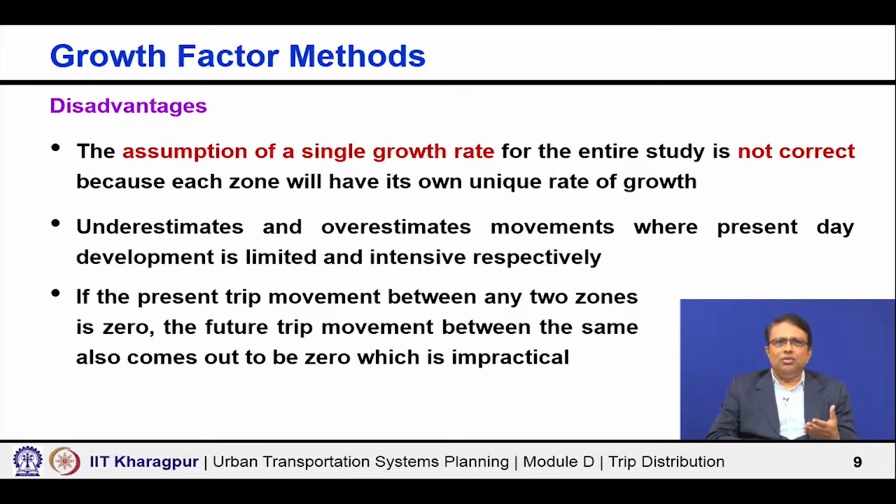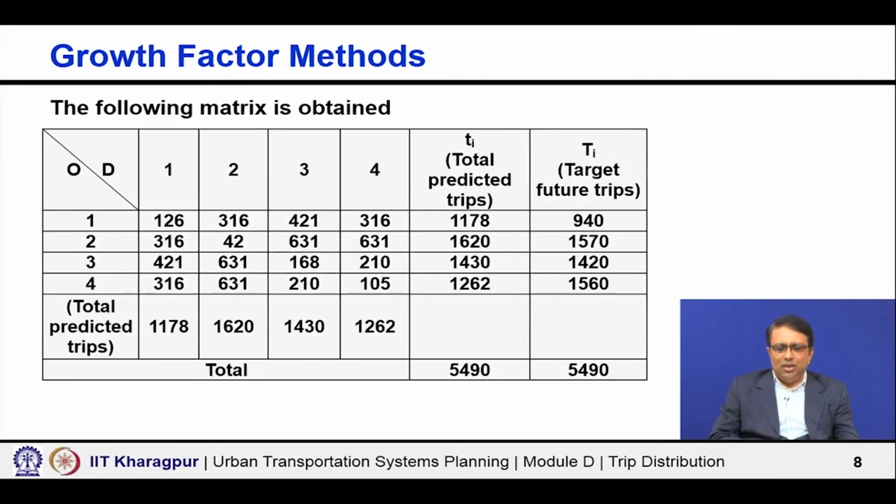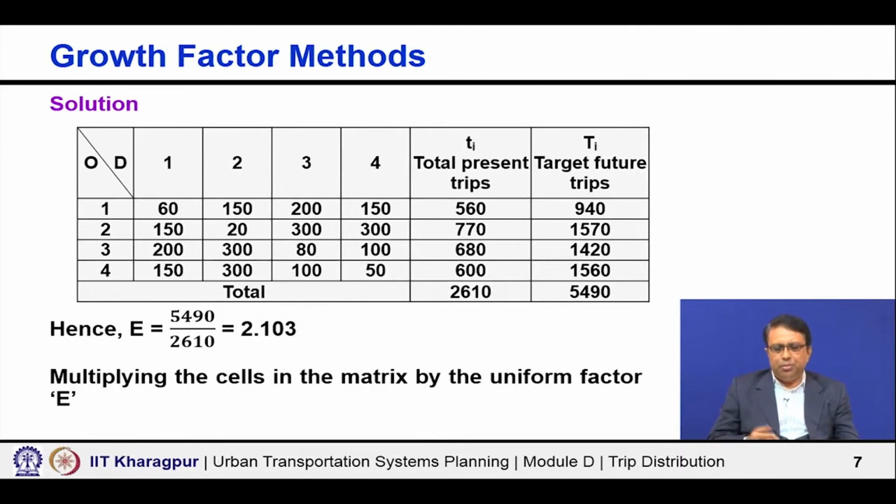So, as we said, what are our disadvantages? You can say that the assumption of a single growth rate for the entire study area is probably not correct. It cannot be correct, because different zones are there and they all have a unique rate of growth. If you see, the present trip production is 560 for zone 1 and the future is 940.